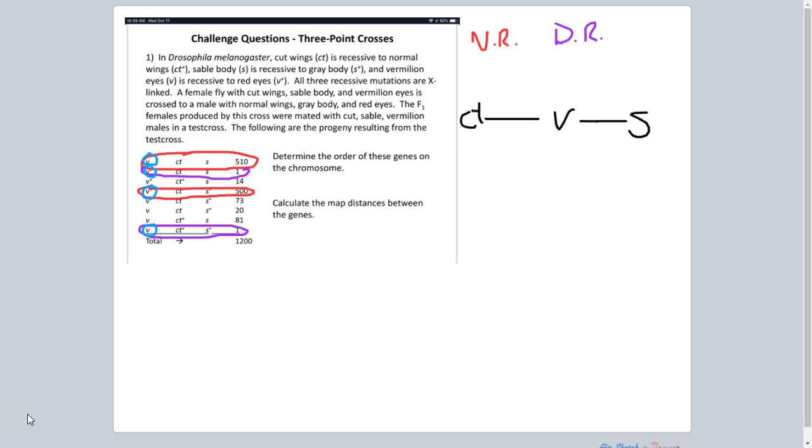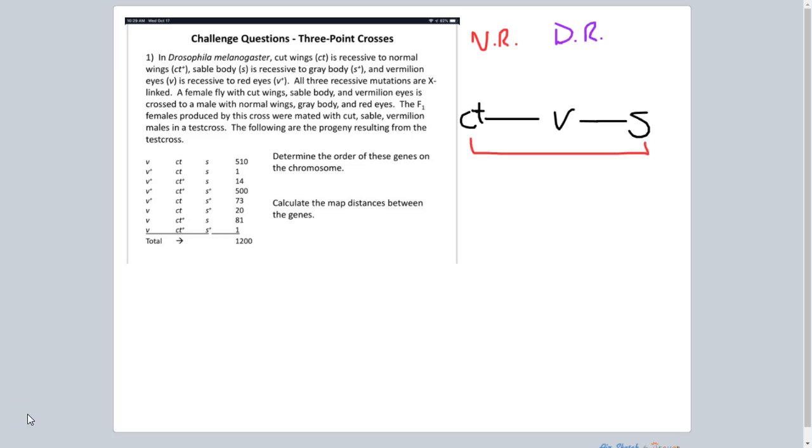So I can erase all of this. The next rule to solving three-point cross problems is that we never, ever do the outer genes first. We're not going after this distance until the very end. So I'm going to hone in on, I suppose, the distance between CT and V, which means I'm going to ignore S completely.